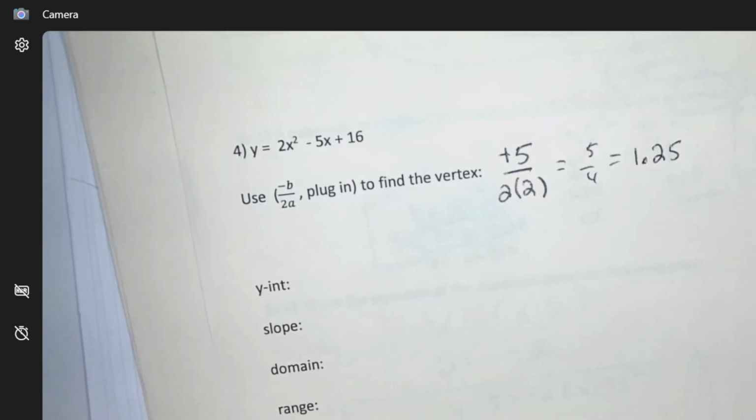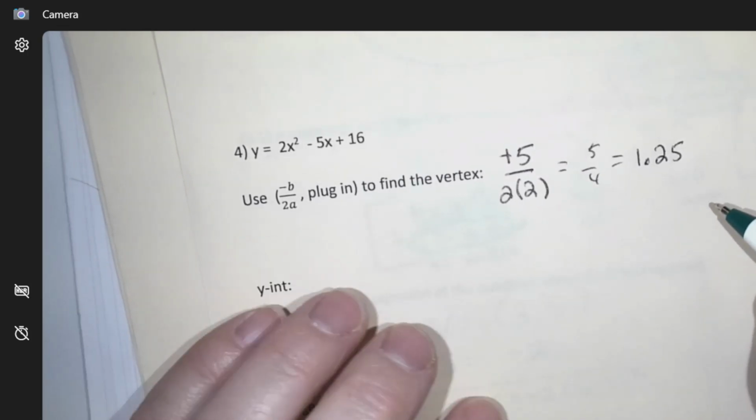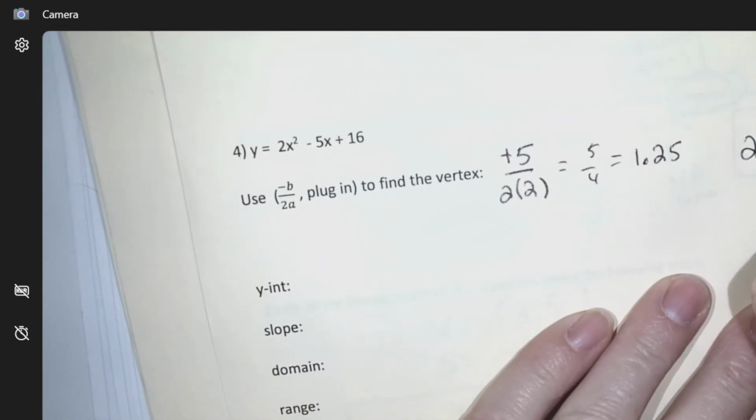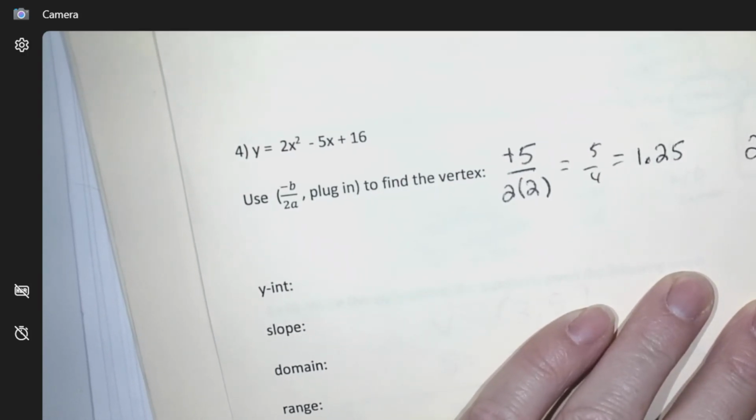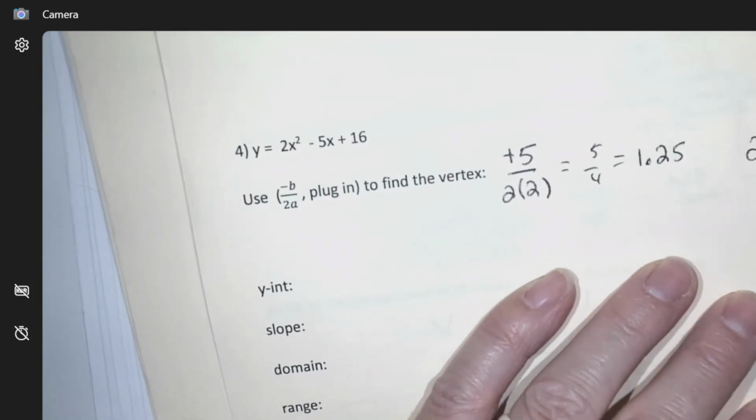So you're actually going to get a decimal. That's fine, right? Okay, plugging it in. 2 times 1.25 squared. So this is what you're doing as a plug-in.